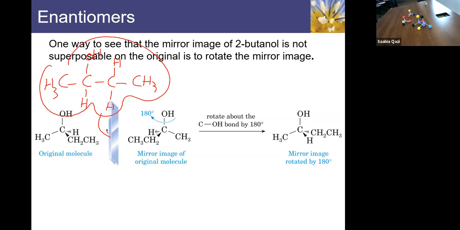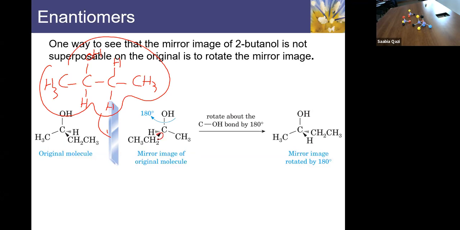What's the dash-wedge convention? In the dash-wedge convention, we take the 2D as 3D, but how do we show that 3D on paper? This is 3D on paper. How do you show 3D on paper? It's simply that you take this as the OH, this as CH3, for example.